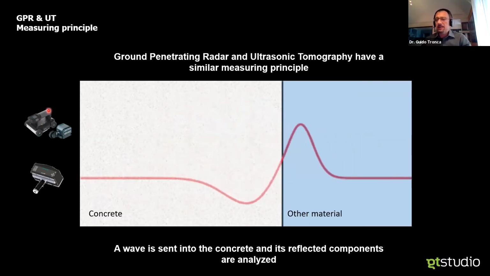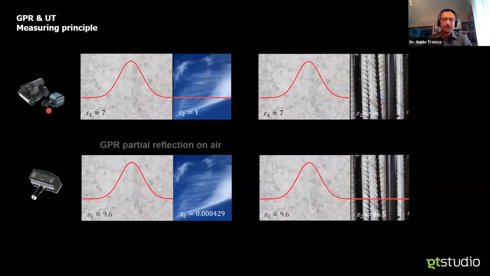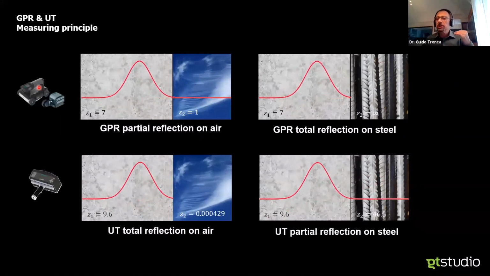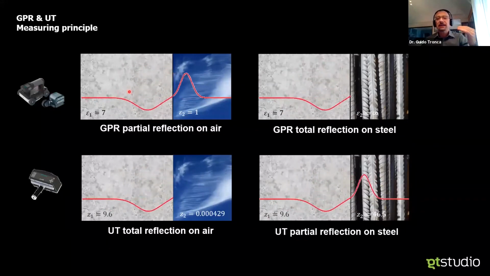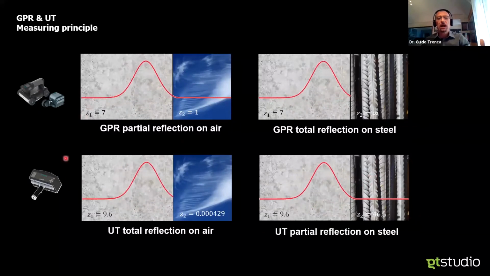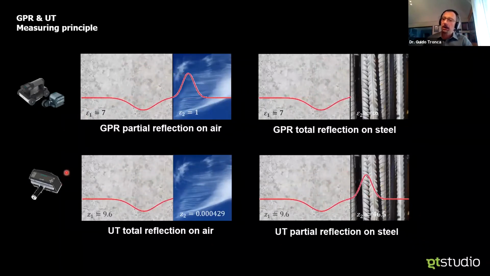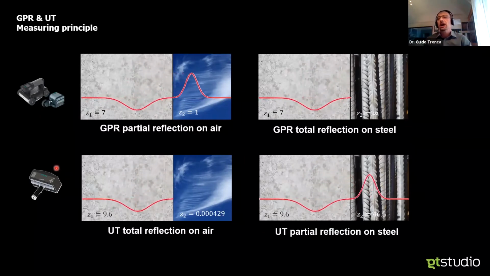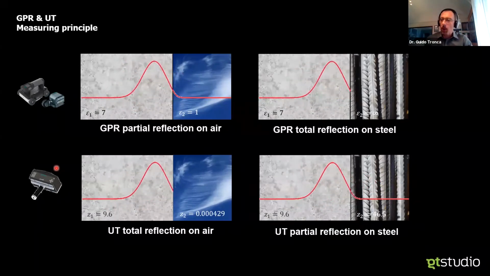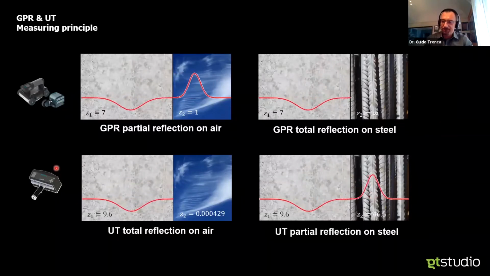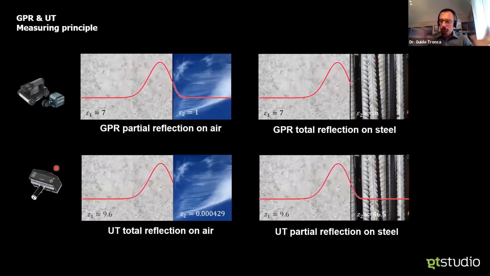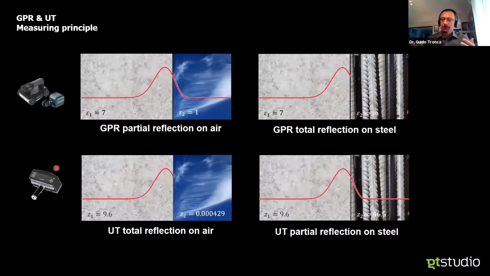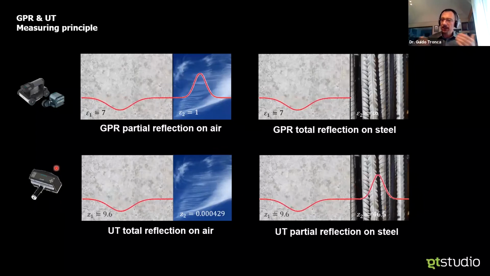Now, the main difference is that a ground penetrating radar will shoot an electromagnetic wave into the concrete, while the ultrasonic tomograph will induce a sonic shear wave impulse. These two kinds of energies respond differently when they meet different interfaces.